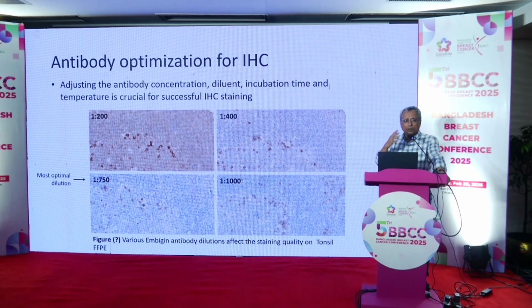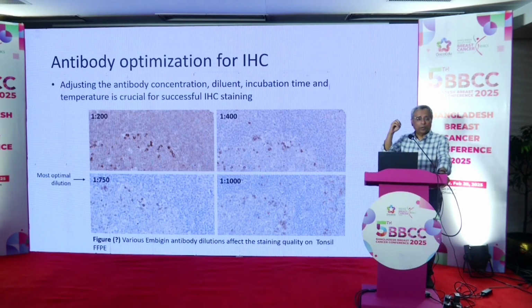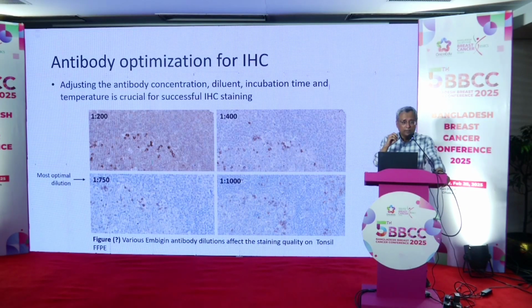So if you consider all these factors, you have pre-analytic, the fixation problem. The other problem is the use of formalin. Right? I think there's an issue of formalin also. Sometimes you cannot avoid things.